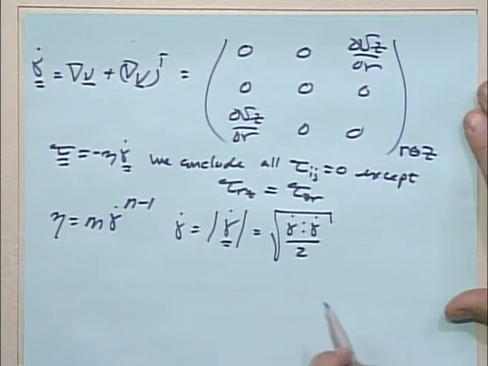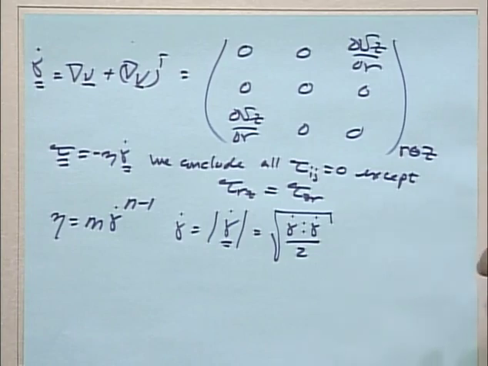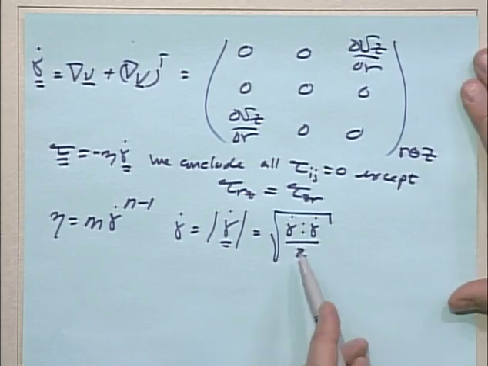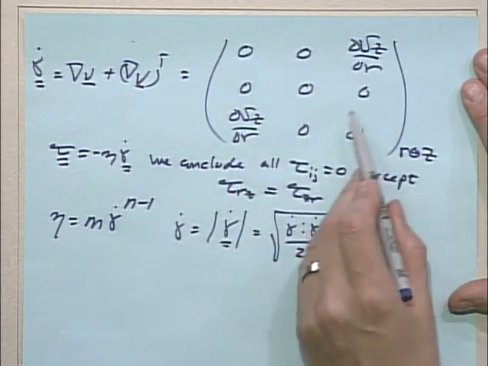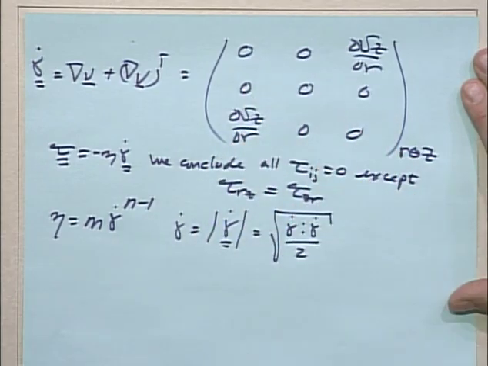Now maybe you can guess what this turns out to be, but there's a little subtlety here we have to pay attention to, especially in this flow. Okay? So this gamma dot is, once again, each term multiplied by itself across the diagonal.